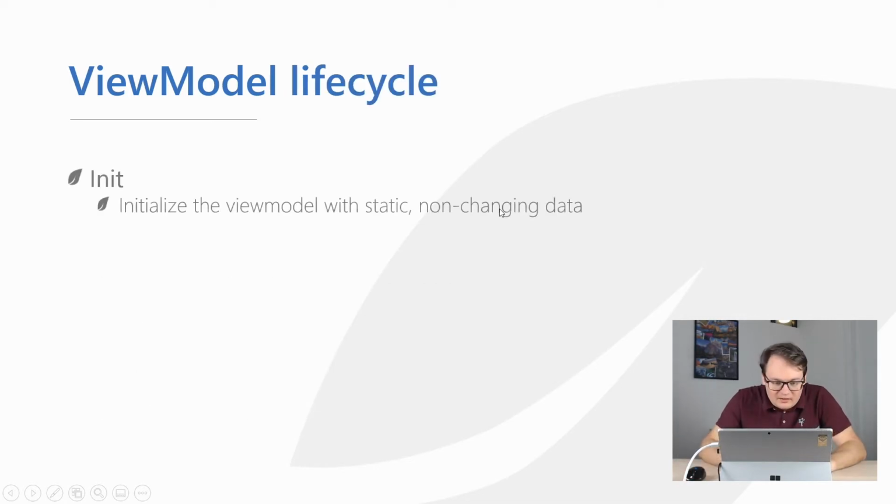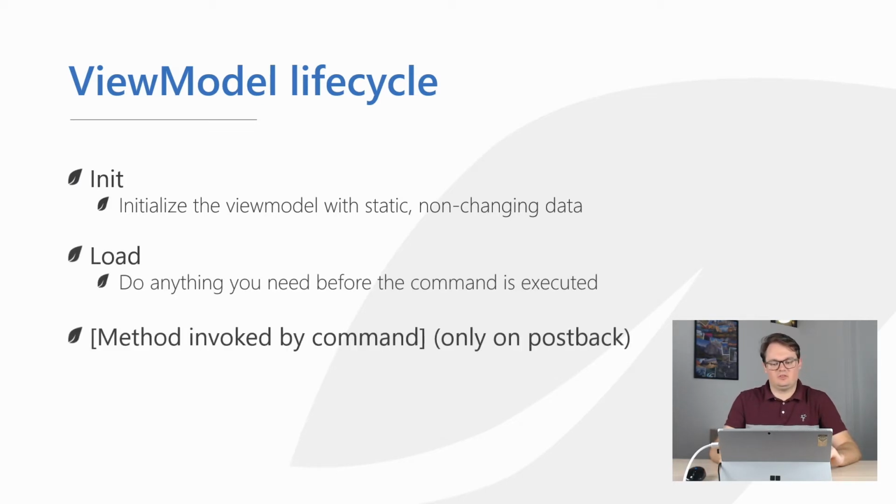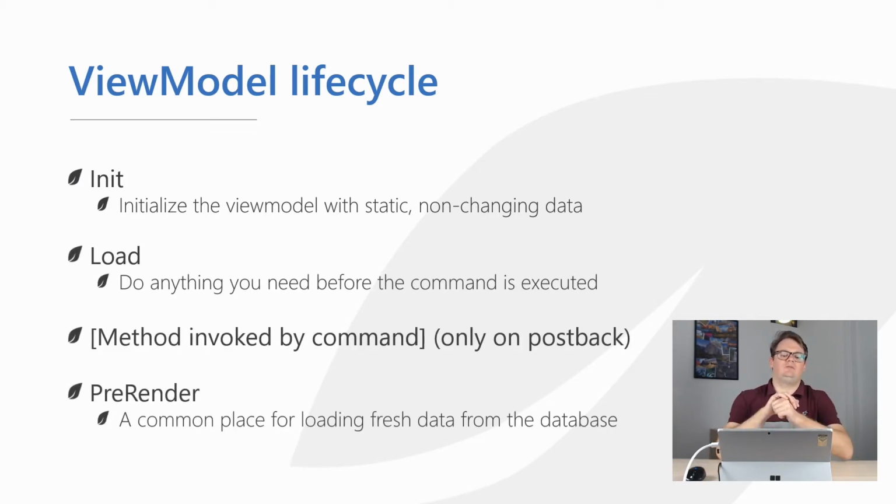So that's it. And the view model on the server, there are some methods in the view model that can be called, and they are called in this order. So first we have the init method, which is called right after the view model is created.